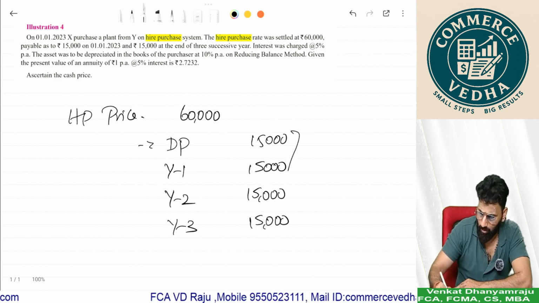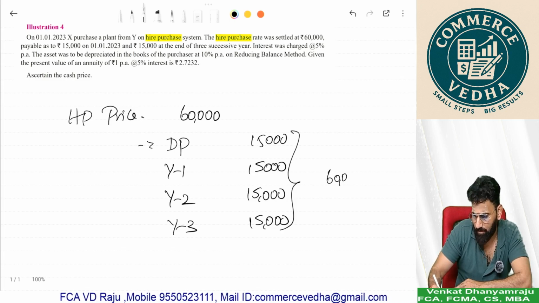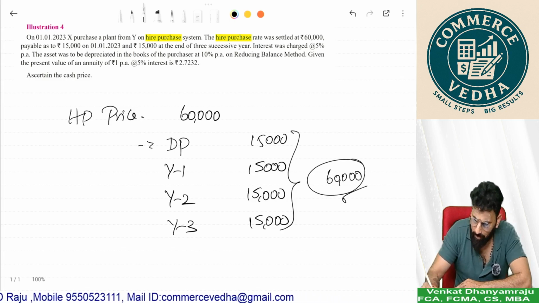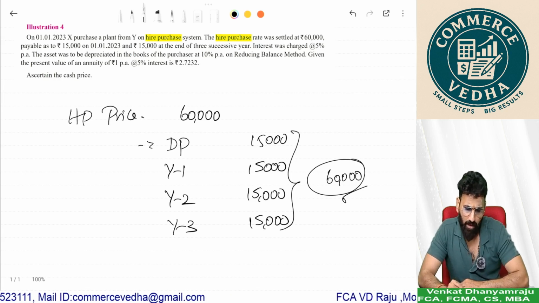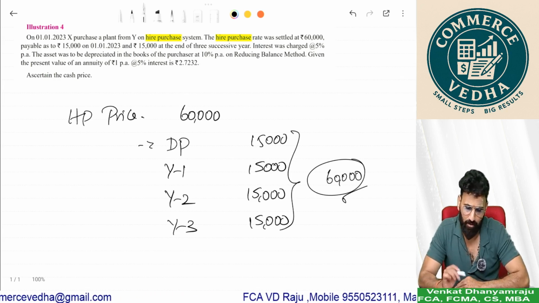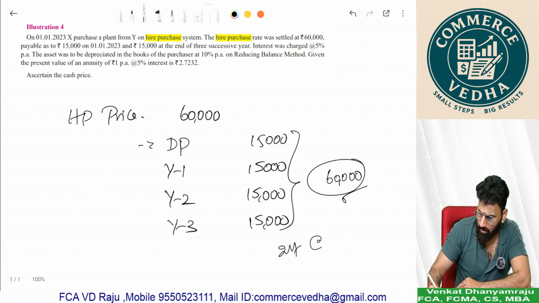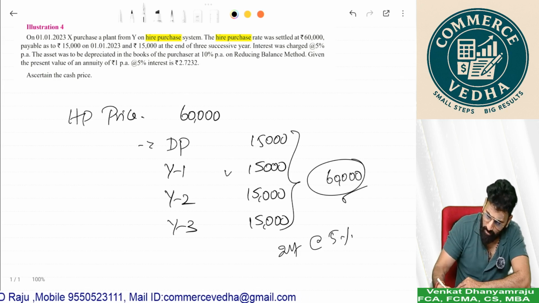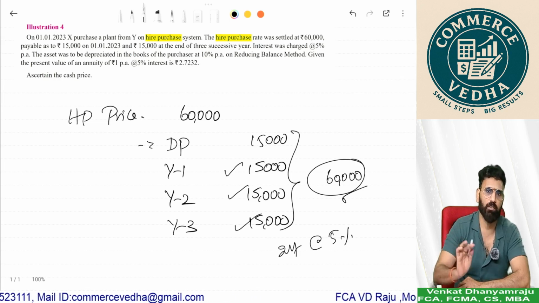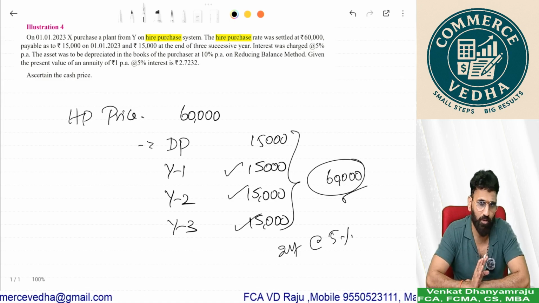So the total 60,000 is the hire purchase price. At the end of 3 successive years, interest at 5%. So in this, interest is included, but we don't know what the interest is.